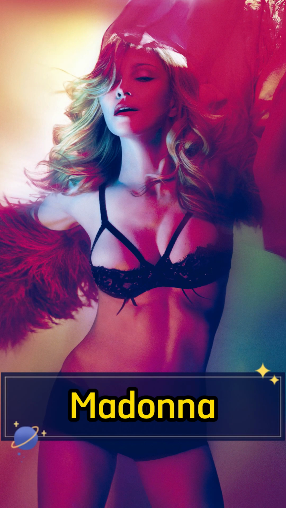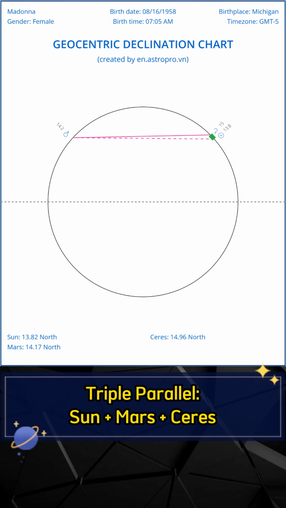For example, Madonna was born with a cluster of 3 parallel aspects in the geocentric declination dimension, which are Sun, Mars, and Ceres. Since all 3 participating aspects are positive, this combination will be considered very favorable. To interpret, we combine the symbolisms of all 3 planets.